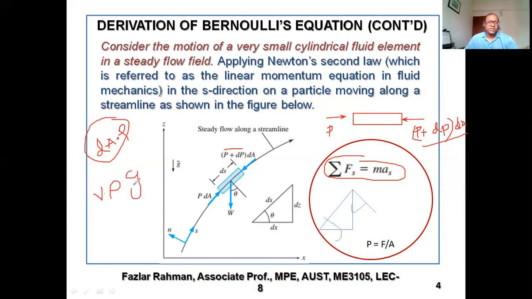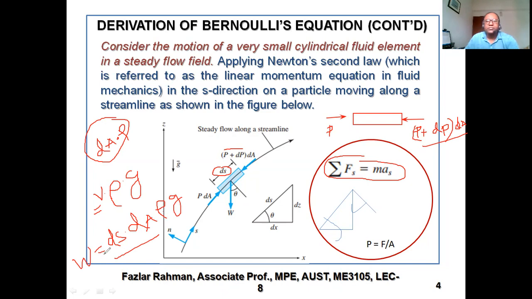Multiply by g, and you get the weight. How do we figure out the volume? The length of the fluid element is ds, so length times cross-sectional area gives the volume of the fluid element. Then you multiply by rho, then g. This will be the value of W.